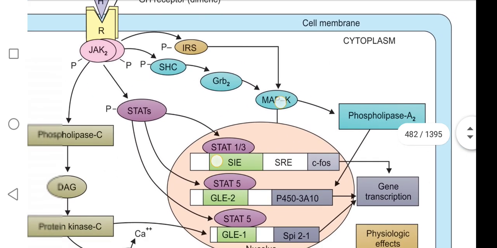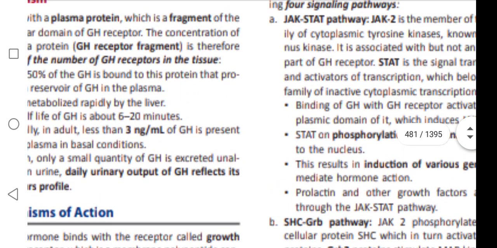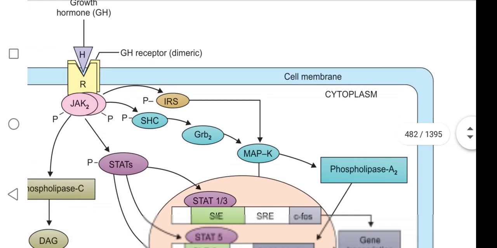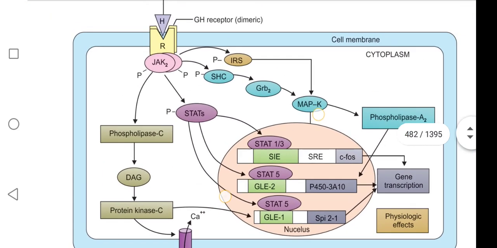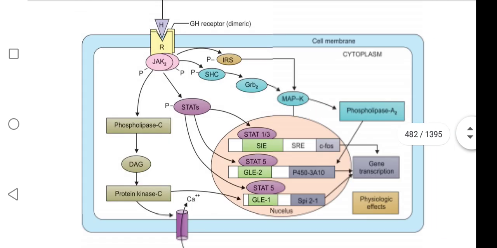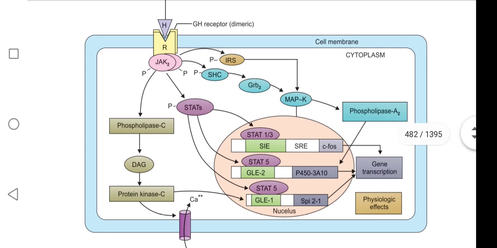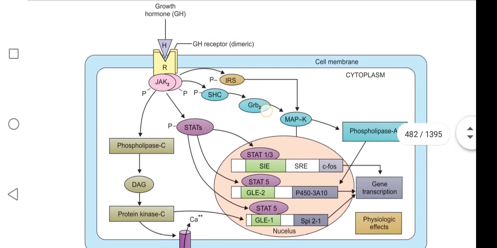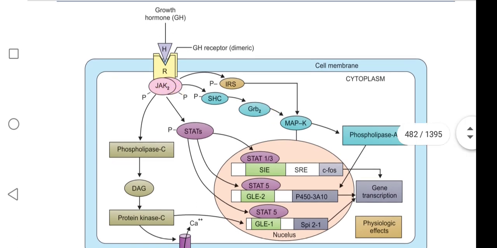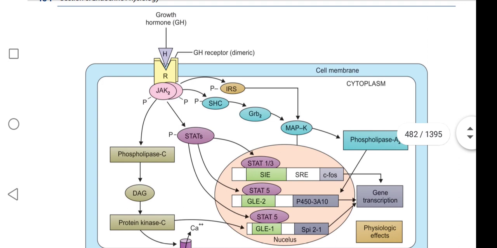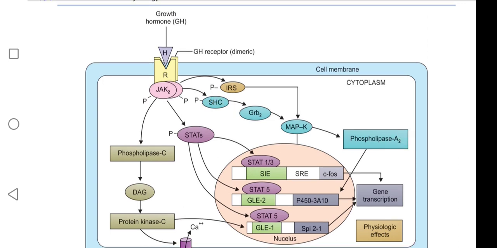Coming to the pathway, SHC GRB2. SHC and GRB2 are the intracellular proteins. When the binding occurs, JAK2 is activated and it phosphorylates; you see P here, this means phosphorylation.